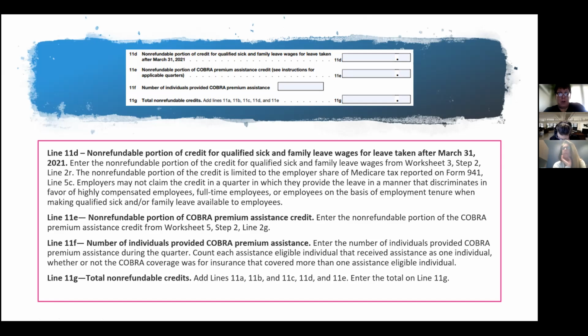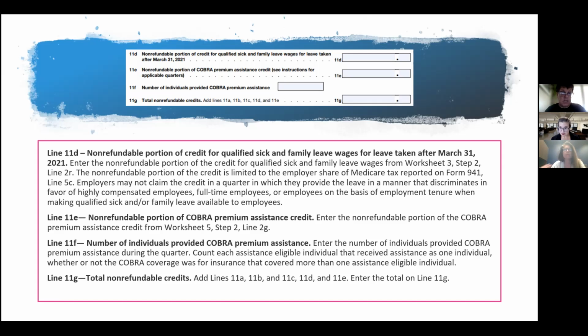So they pay their COBRA premium. For this COBRA premium assistance, you could put the non-refundable portion here. You have to list on line 11F how many people you have on COBRA premium assistance. How much credit it is goes on worksheet 5.